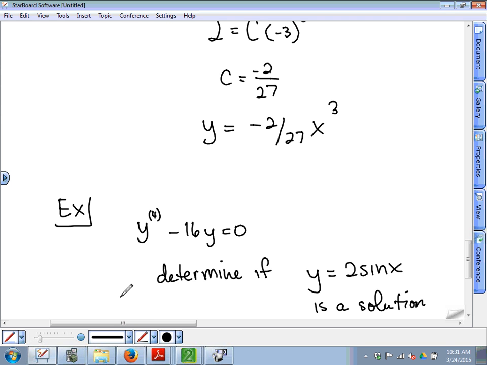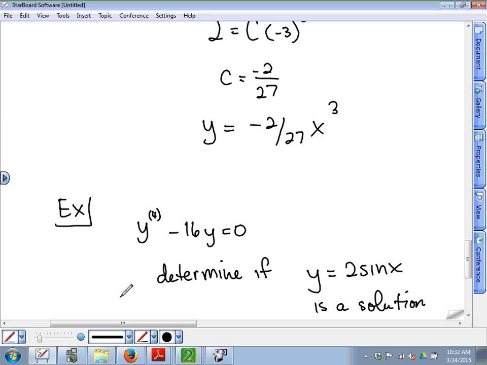Okay, so y equals 2 sine x. The derivative is 2 cosine x, then negative 2 sine x, then negative 2 cosine x, and then it turns into 2 sine x. Put the work down on the paper instead of trying to do it in your head.